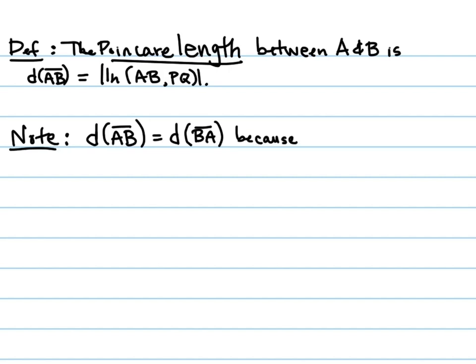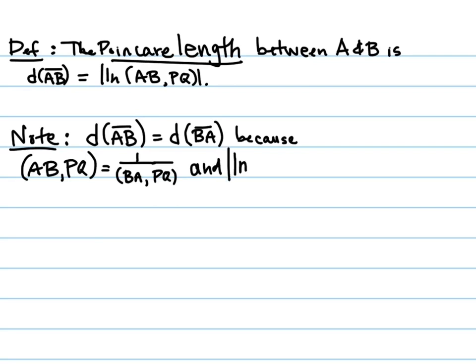Because the cross ratio of AB to PQ is 1 over the cross ratio of BA to PQ, and the natural log that we have described above is the same.